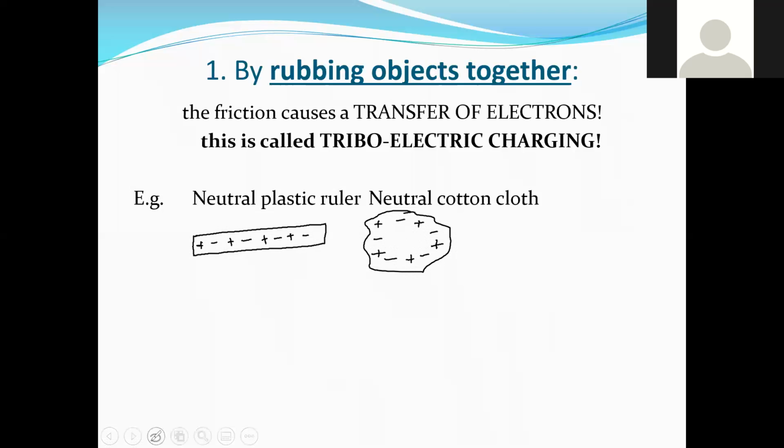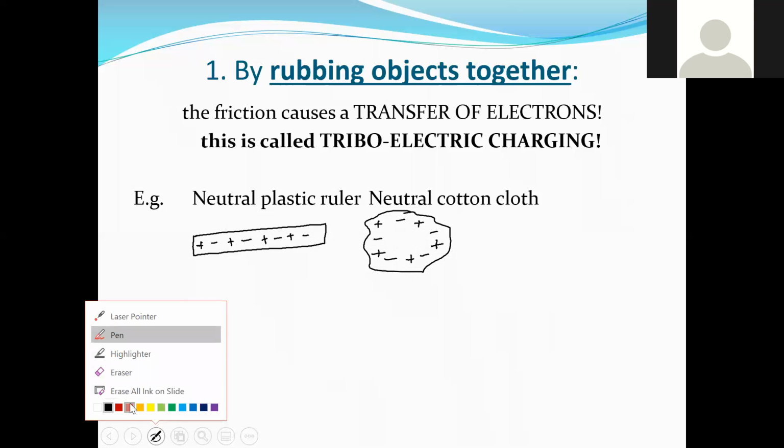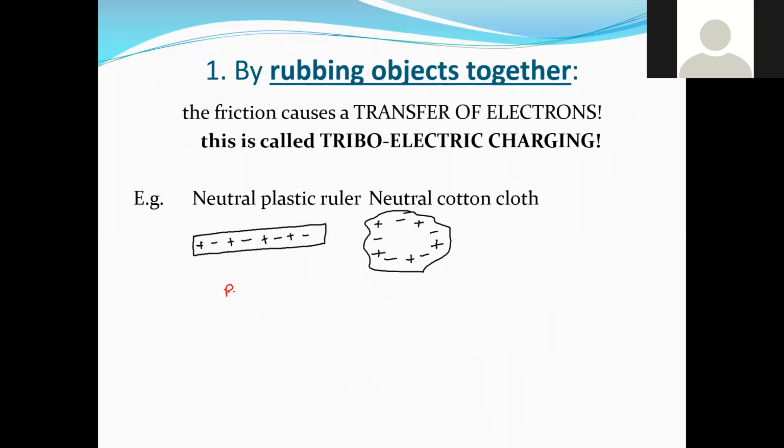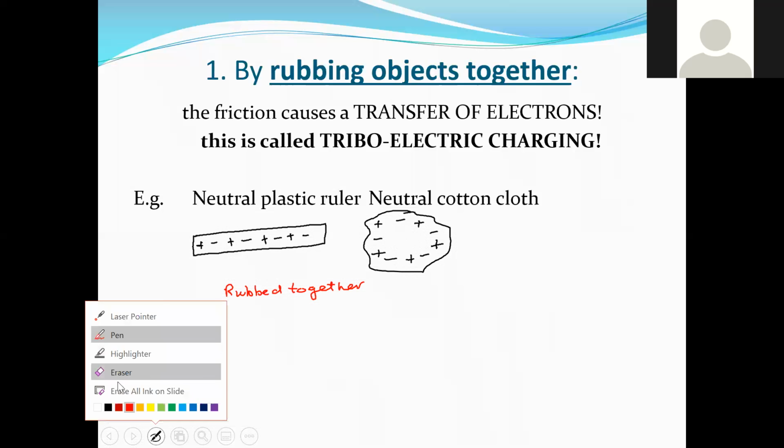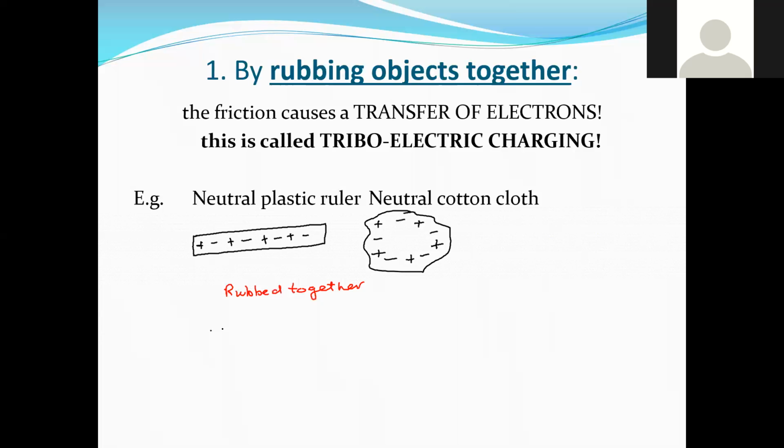Now the magic that happens during rubbing: if they are rubbed together, the friction causes a transfer of electrons. And the transfer of electrons is from the ruler to the cloth.